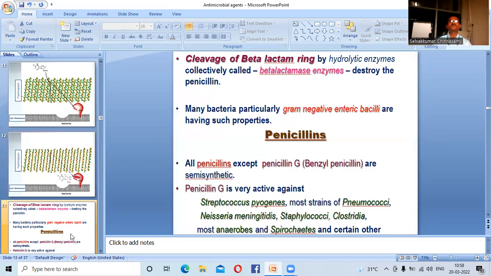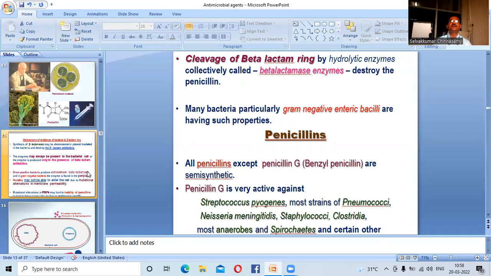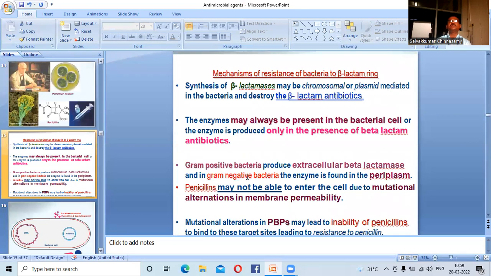Next, the mechanisms of resistance. Penicillin, cephalosporin, monobactam and the others are cell wall inhibitory antibiotics. However, these antibiotics can meet beta lactamase resistance.